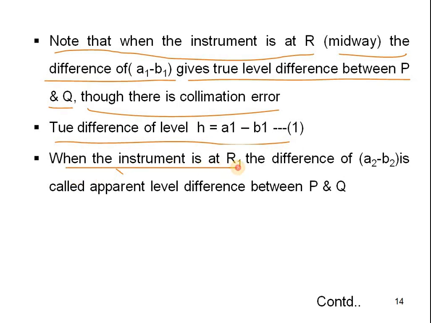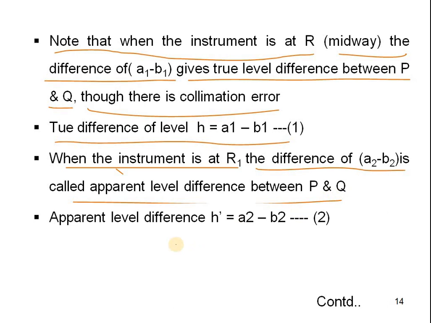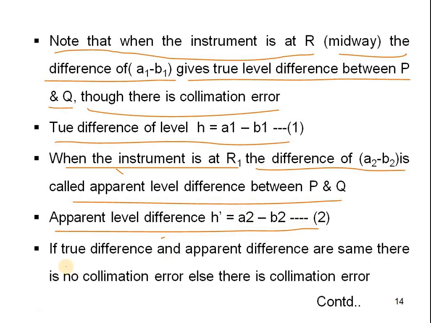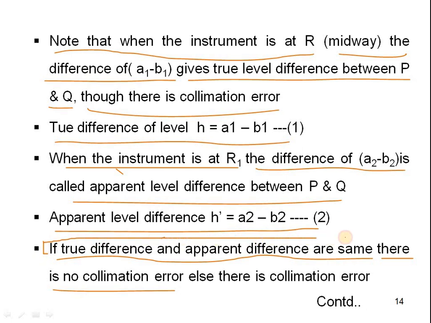When the instrument is at R1, the difference A2 minus B2 is called the apparent level difference between P and Q. If the true difference and apparent difference are the same, there is no collimation error. Remember this point, it is very important. Else there is collimation error.